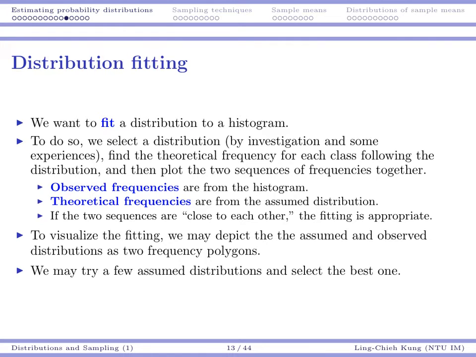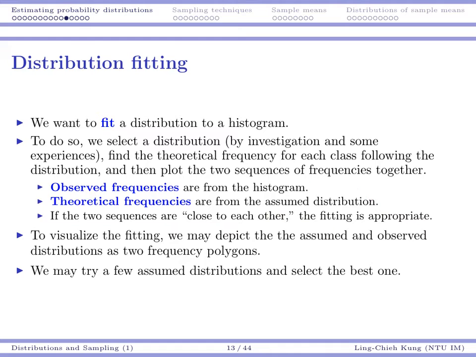So we're going to have two things. Using the histogram, we're going to have a set of observed frequencies. So we observed that a few numbers exist in the first class, a few numbers exist in the second class, and so on. And at the same time, for our hypothesized distribution, we're going to calculate the theoretical frequency.